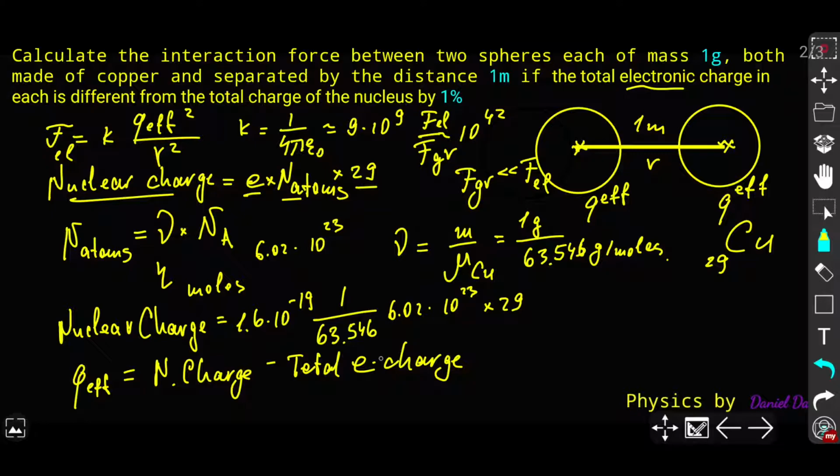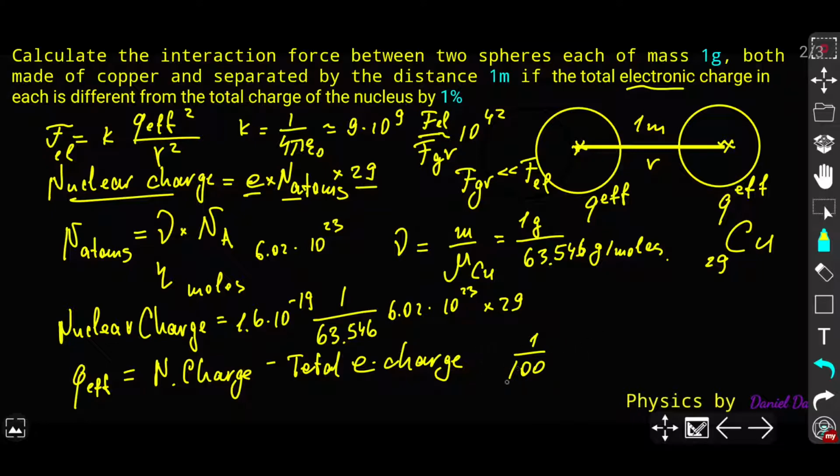It differs by 1%, so we're taking from the nuclear charge 1 over 100, only one hundredth part of that. So we can calculate the total amount of charge that sits on each sphere.